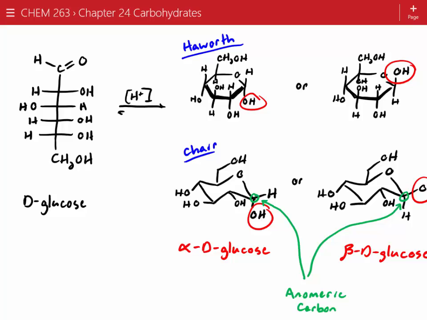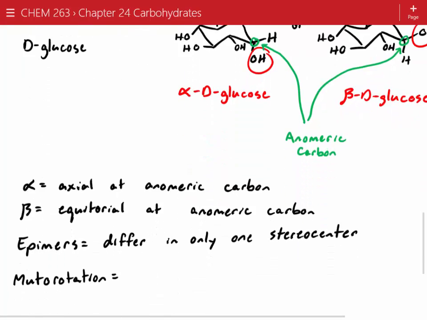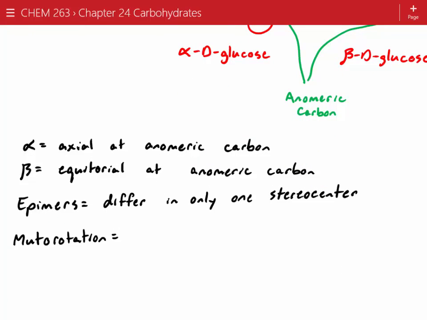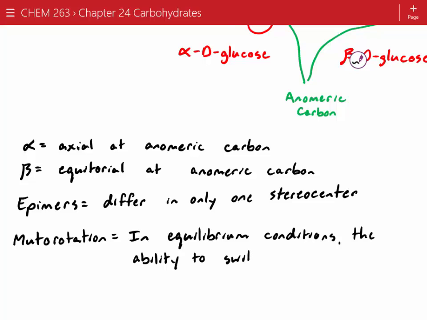So mutarotation refers to that ability to be in equilibrium in water and go in between that alpha and beta form at the anomeric carbon.